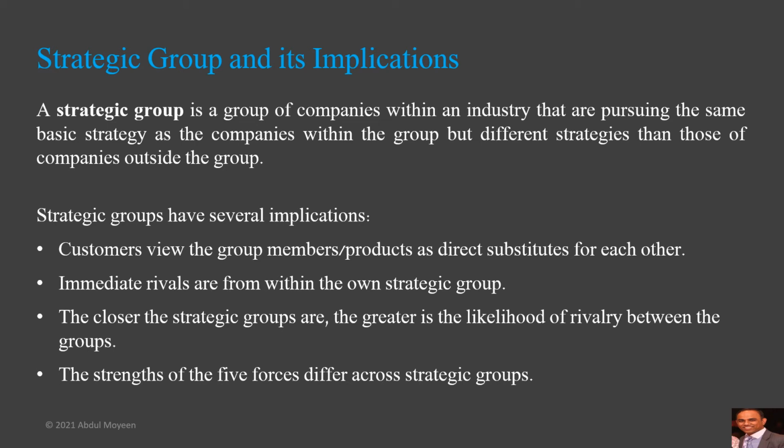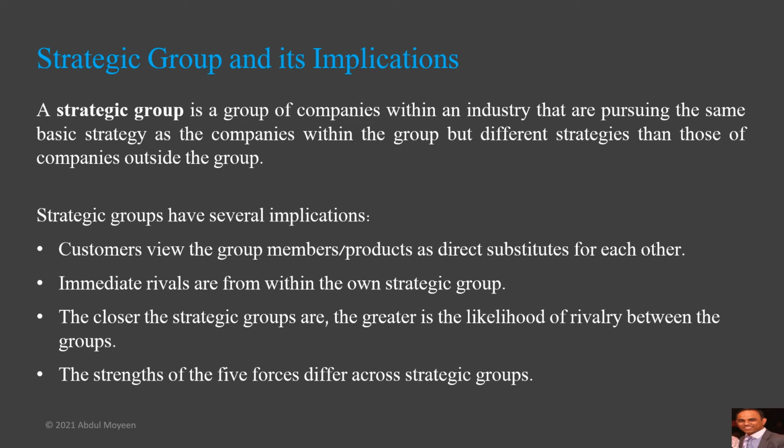Factors such as the distribution channels they use, the market segment they serve, the quality of their products, technological leadership, customer service, pricing policy, advertising policy, and promotion all affect product positioning. Now, strategic groups have several implications.